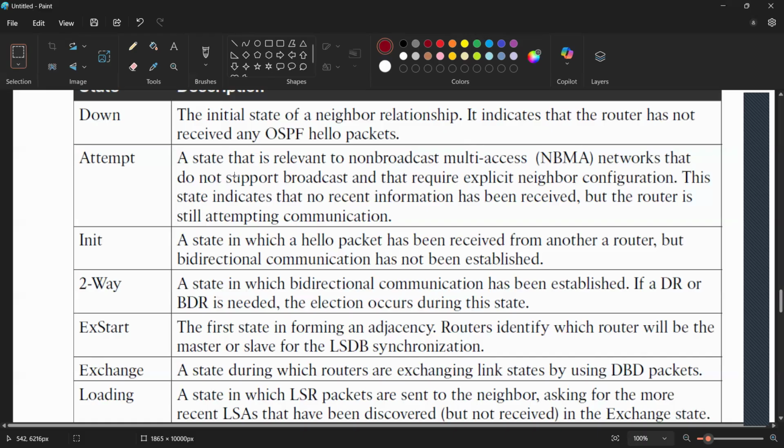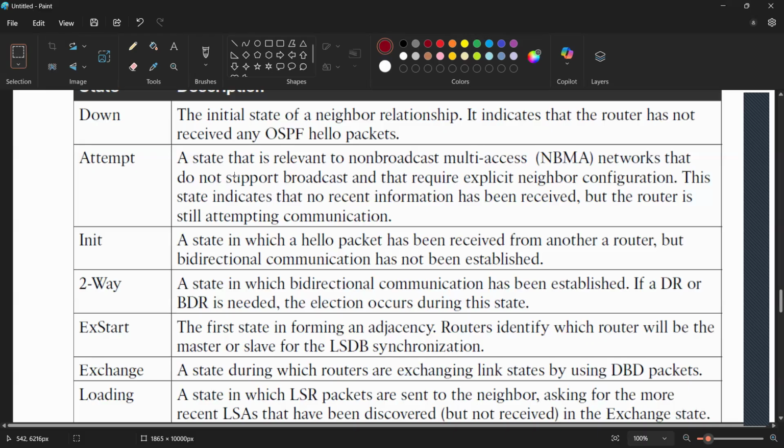And actually, what happens once master slave election is done? After that, always master is only sending the database. Slave cannot start sending. So master will send a database, slave will respond to it. Let's say master is sending database and master information is already finished, whatever database information master router has to send.